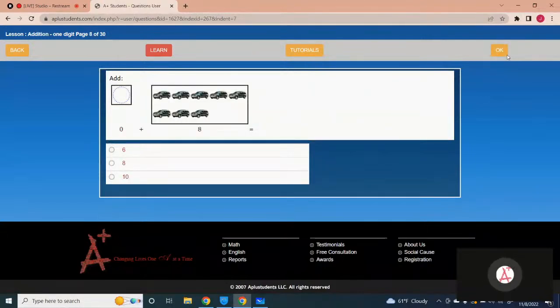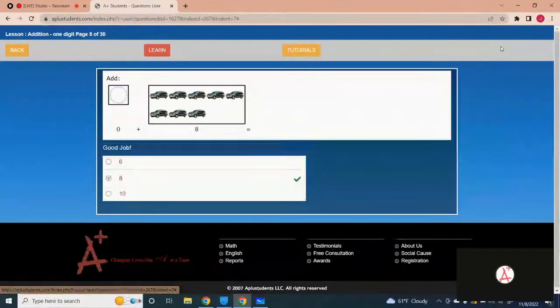8 plus 0 makes 8. Got it? Yes, very good. Select the correct option and click on the OK button.